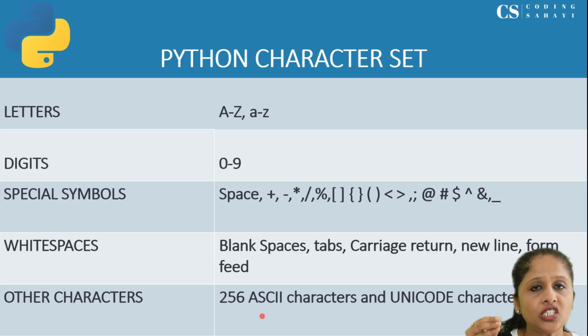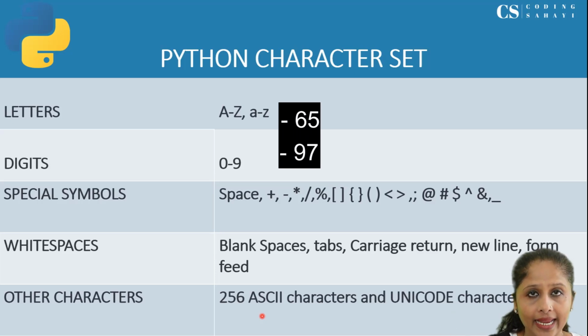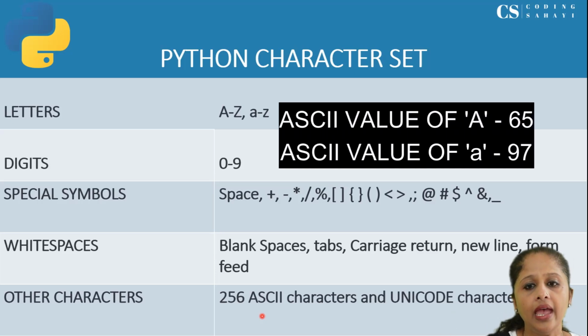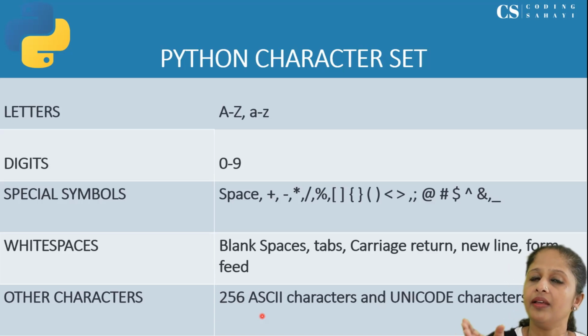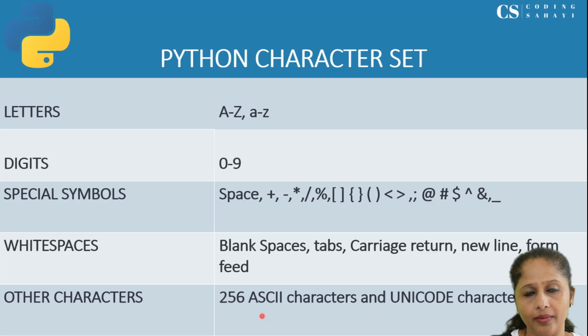So for each letter and for each symbol there is a code, like our roll number. So if it is capital A, it is 65, and for small letter a, it is 97. So this capital A, that is 65, will be converted to its binary equivalent. 65 is a decimal number and that decimal number will be converted to its binary equivalent number.